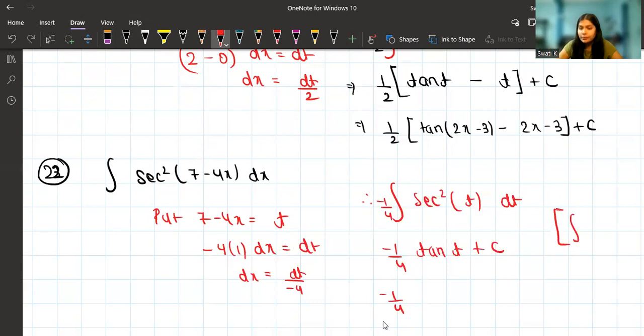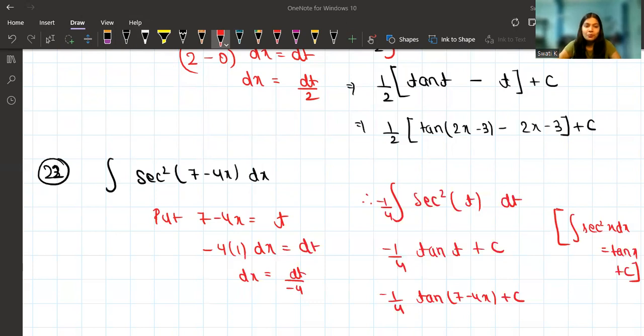I have not written it, but make sure you are doing it. So integration sec square x dx is nothing but tan x plus c. So minus 1 upon 4 tan t is 7 minus 4x and then plus c. That is your answer. So we are done with the 22nd question.